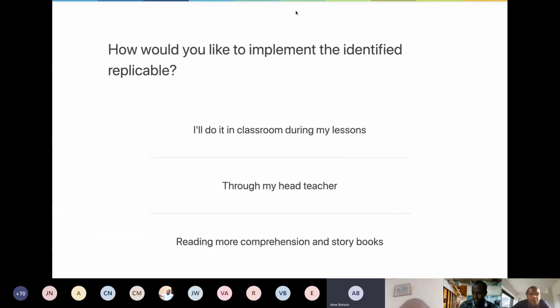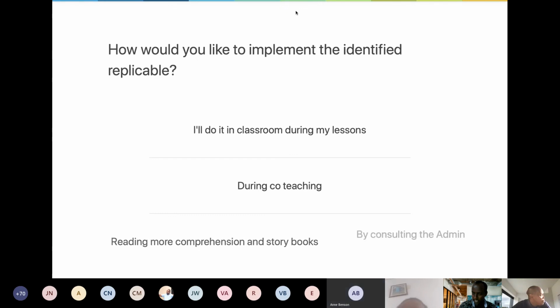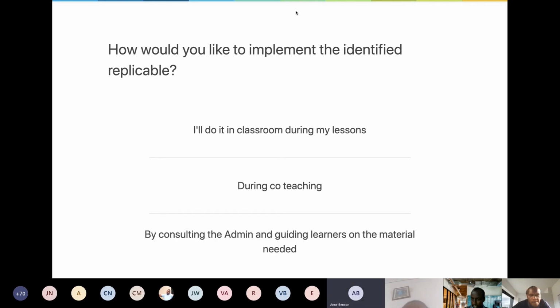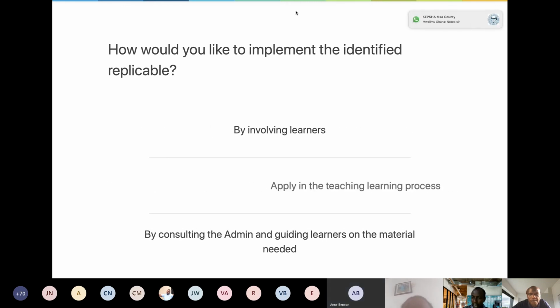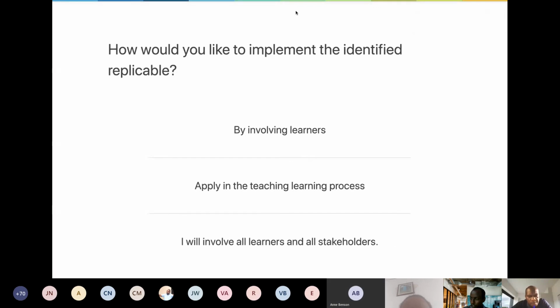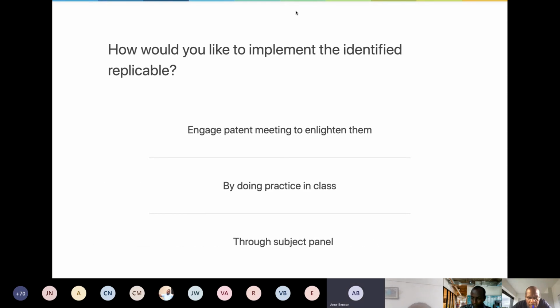Give an example of how you'll do it. Select one and give an example. Sessions in literacy classes. I can see one here, the one that was saying reading more comprehension and storybooks. So that one might be done during all the reading lessons.